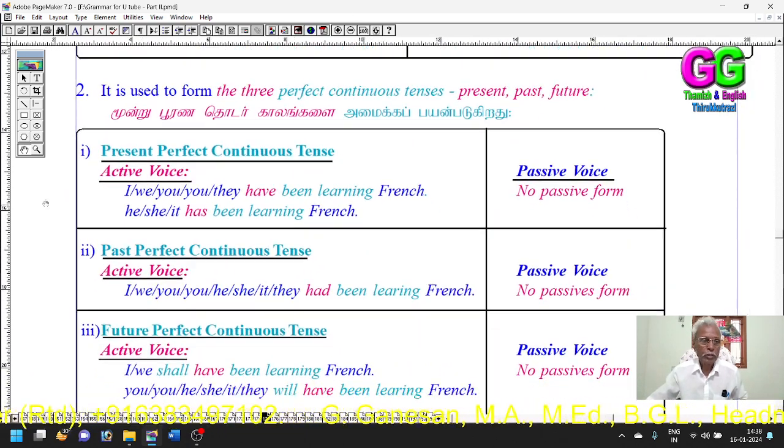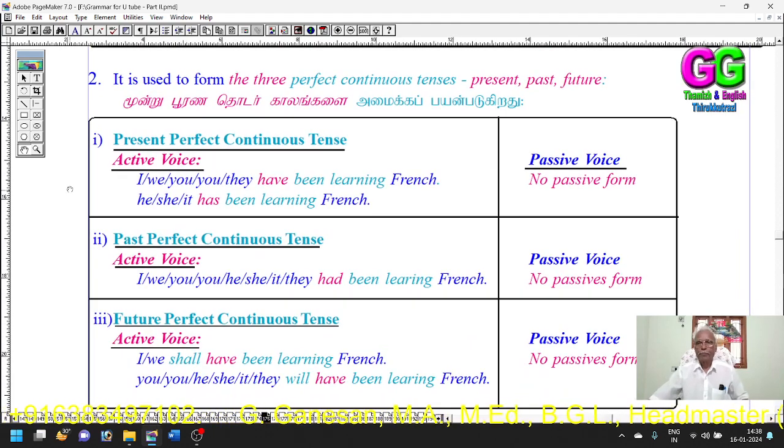Then the second use of have as an auxiliary: it is used to form the three perfect continuous tenses. Dear students, the first use is to form the simple perfect tenses: present perfect, past perfect, and future perfect of the active voice and passive voice.